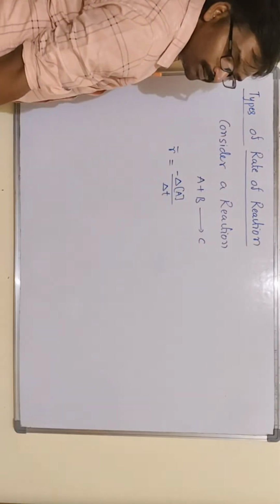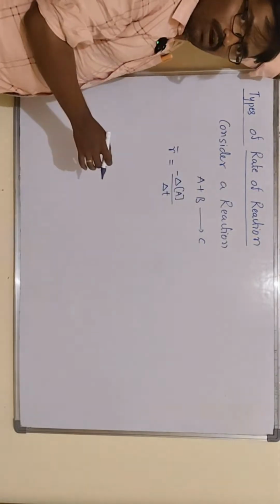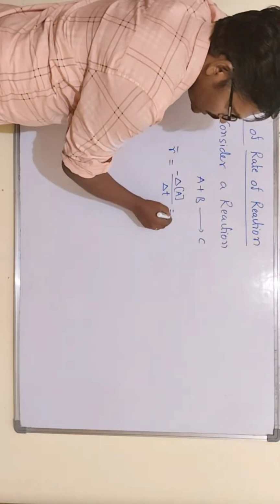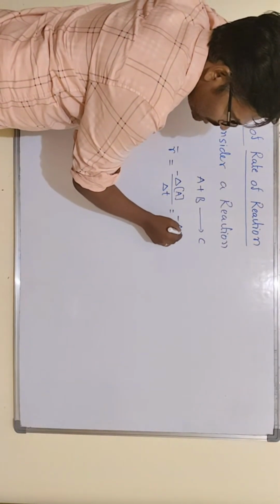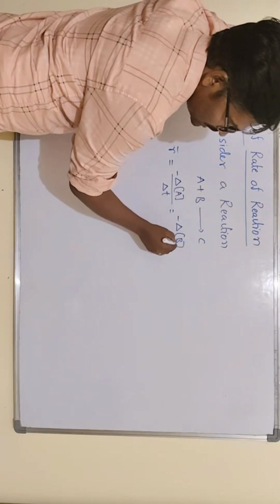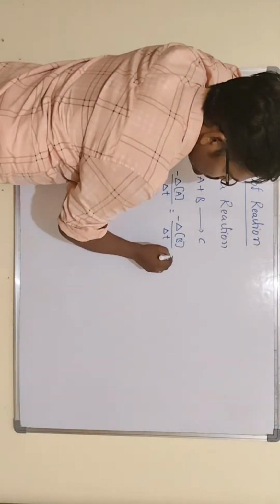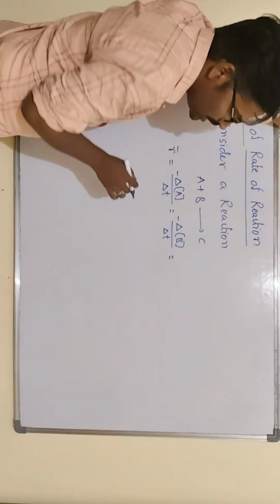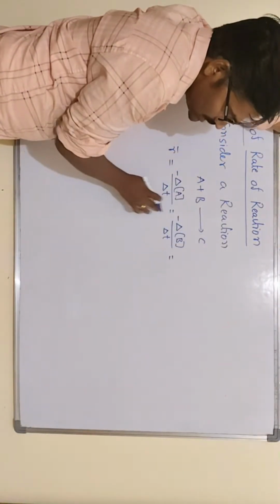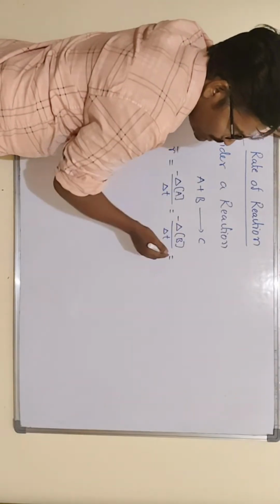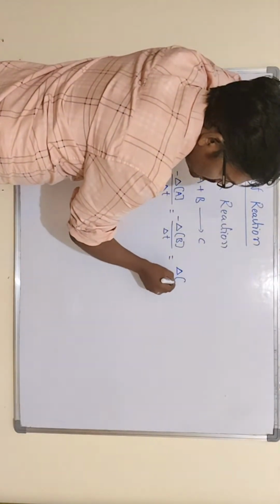With respect to B, it is minus delta concentration of B divided by delta t. With respect to C, which is a product, we need not take the negative sign, so it is positive delta C divided by delta t.